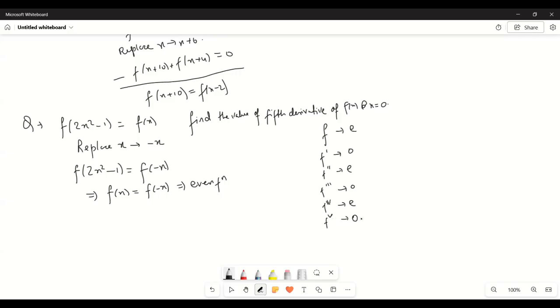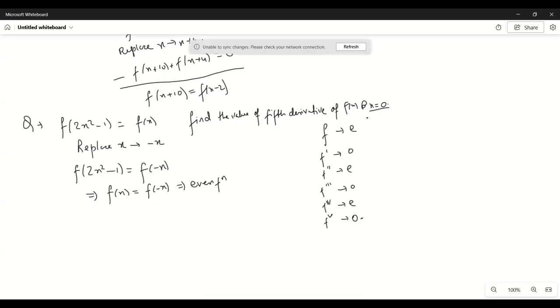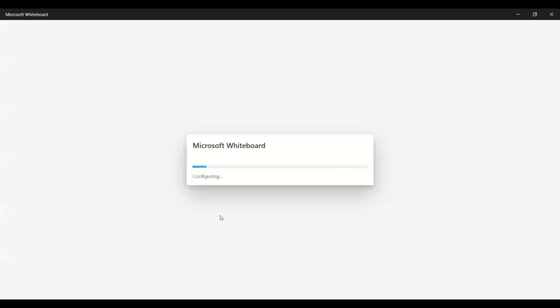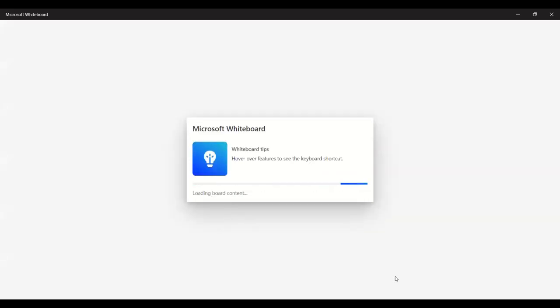Now, if the fifth derivative is odd, what would be the value of the function at 0? Oh no, it will be 0. Sorry sir. Remember, we had done the property. For an odd function, f of 0 must always be 0.